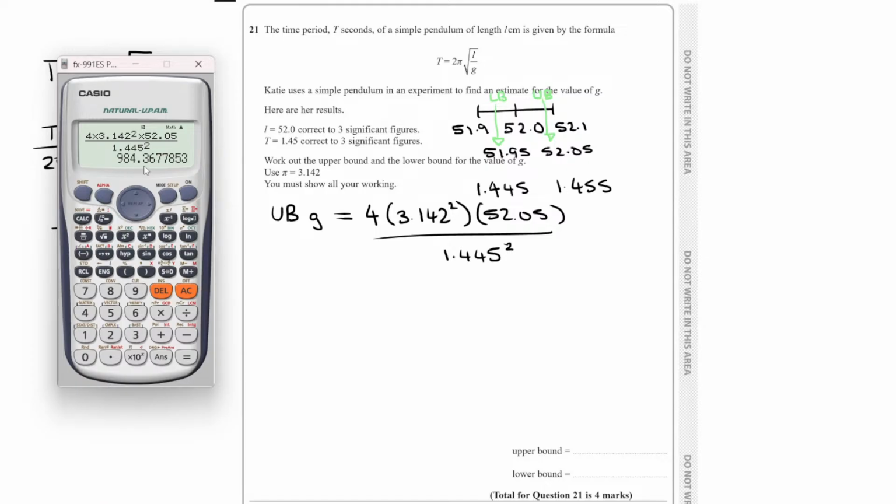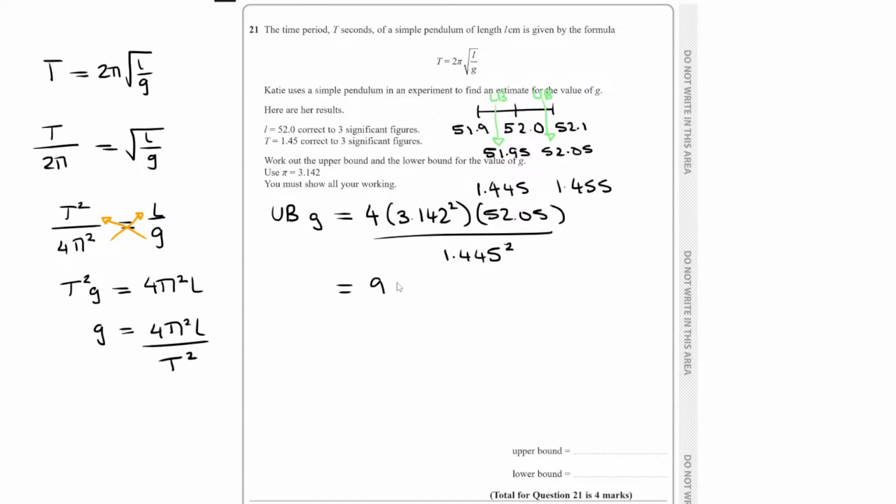You get 984. I would just write down all of those decimals. I haven't really said how to round it, so I'm just going to write them all down. Kind of same with the iteration, isn't it? So that one is 984.3677853, something like that.